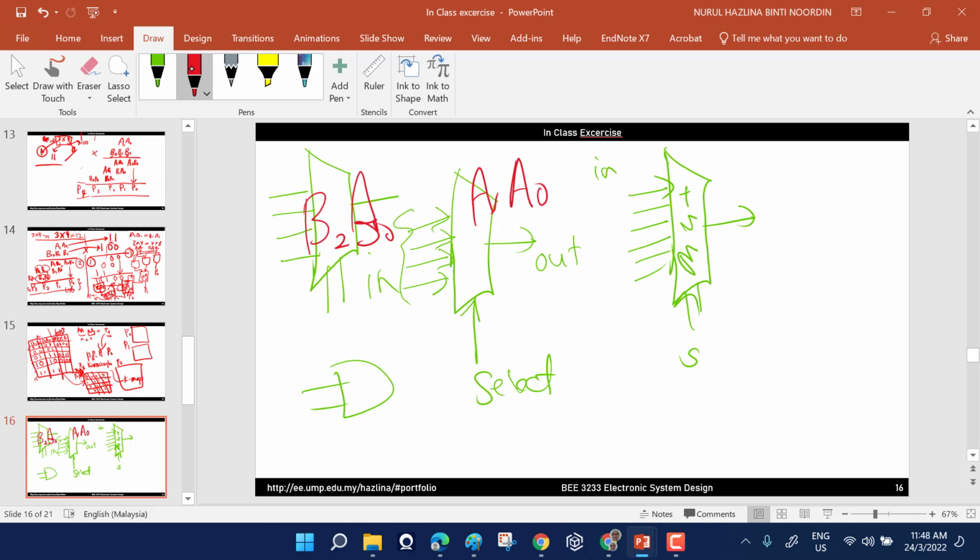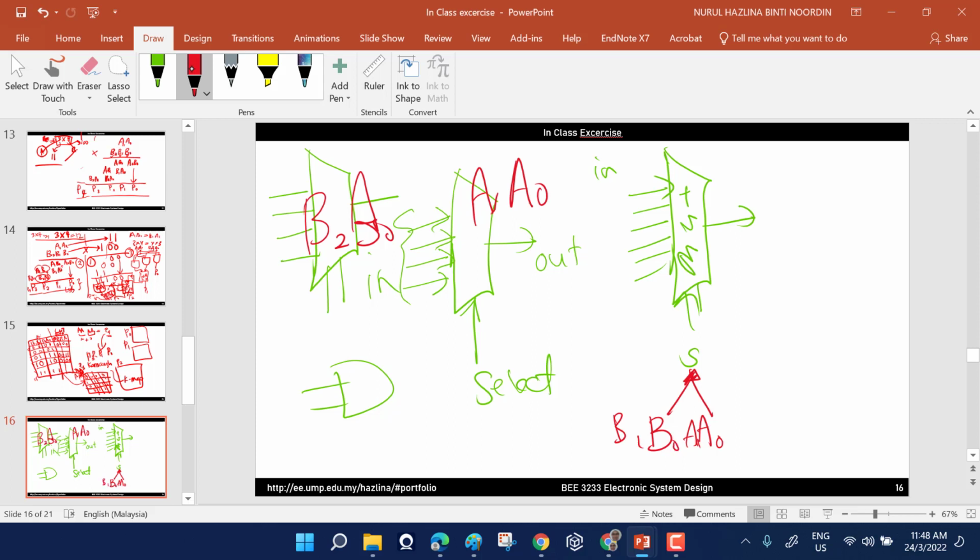So in this case, how many bits will my select be? Select will represent the elements of A and also the elements of B. Currently, my A is 2 bits, meaning I have A0 and A1, whereas my B is also 2 bits, with B0 and B1.